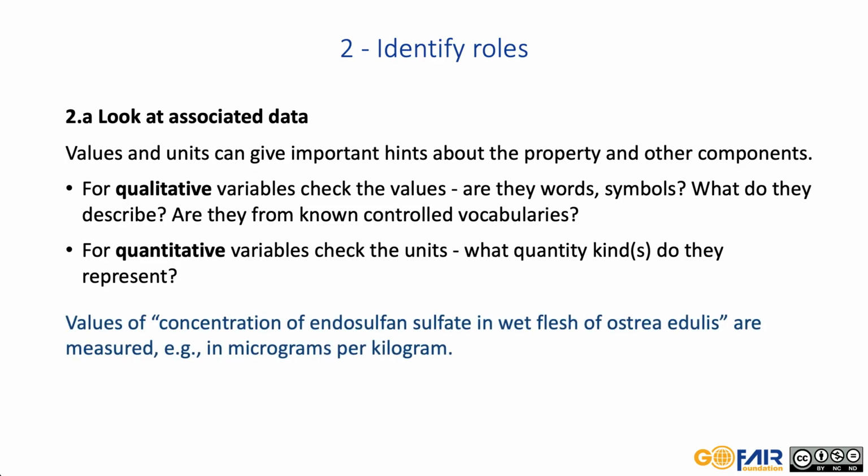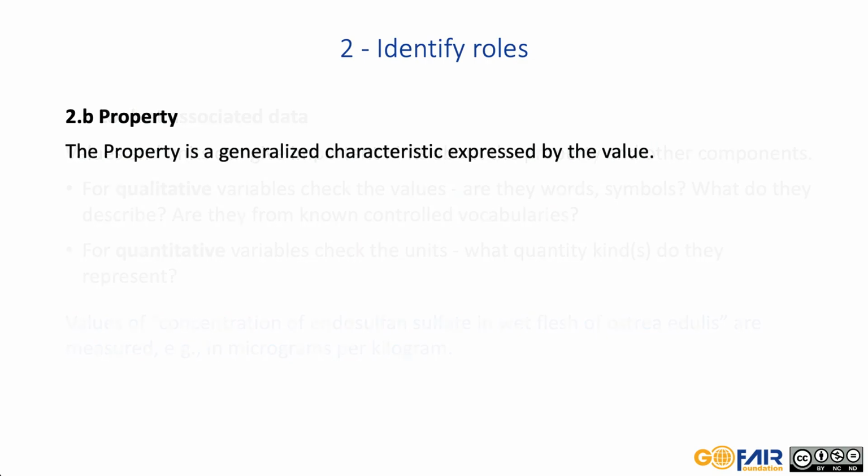For example, if the variable has a derived unit of the form mass of something per mass of something else, then this already gives a hint that a matrix concept will be needed. The property is a generalized characteristic expressed by the value and is sometimes also called quantity kind.